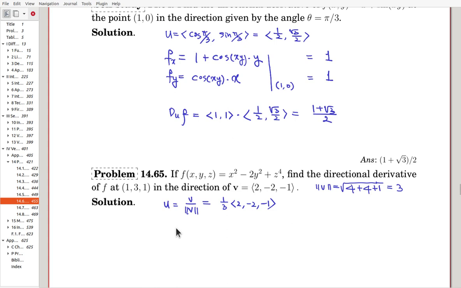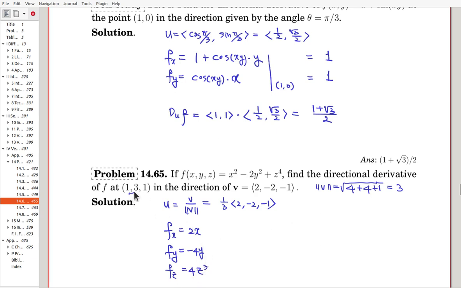Now we have to get f sub x, f sub y, f sub z. F sub x is 2x. F sub y, the y derivative, is minus 4y, and f sub z, the z derivative, is 4z cubed.